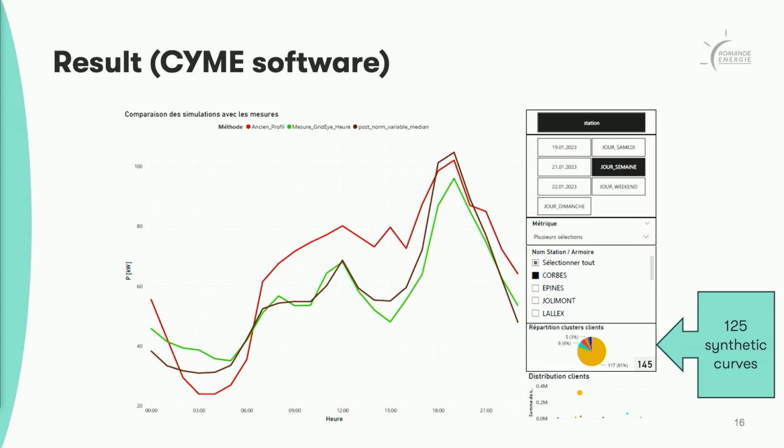For this portion of the grid, we ran a load flow using 125 synthetic curves, and we obtain these results where the performance is kind of satisfying, because the midday peak is almost perfect, but for the one at 7 p.m. we are a bit above. Still, the performance is interesting, especially if we look at the red curve, which was obtained with some old profile we had in house.